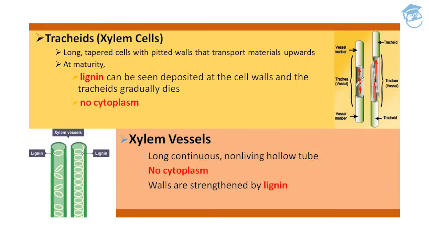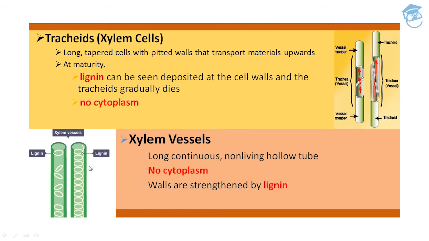Tracheids are xylem cells. They are long, tapered cells with pitted walls. Pitted walls means they have pores that transport material upwards. At maturity, lignin deposition is seen at the cell wall, and the tracheid gradually dies. No cytoplasm and no protoplasm is seen in tracheids. Then comes another cell, the xylem vessel, which is long and continuous.